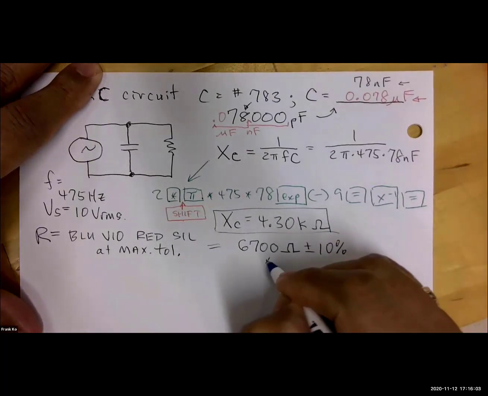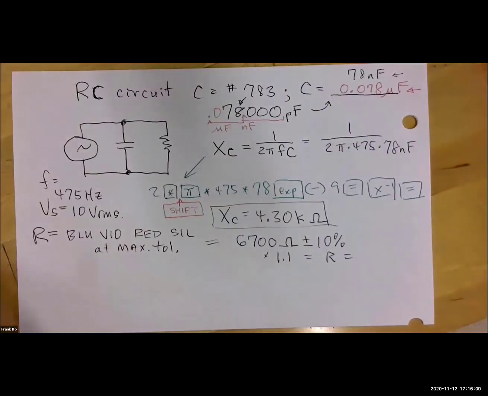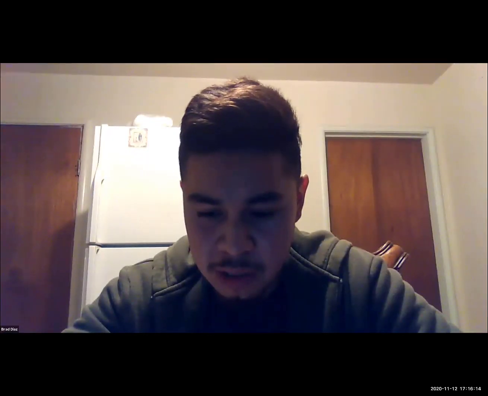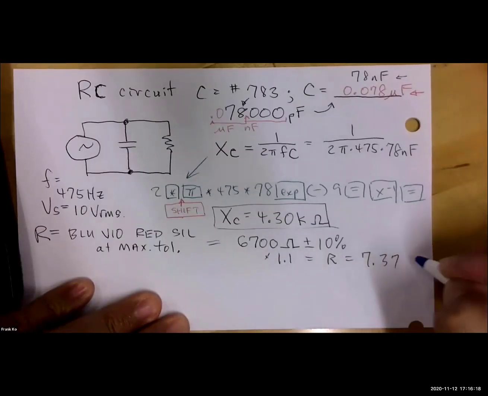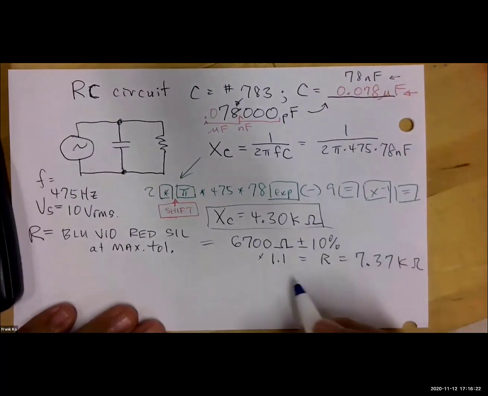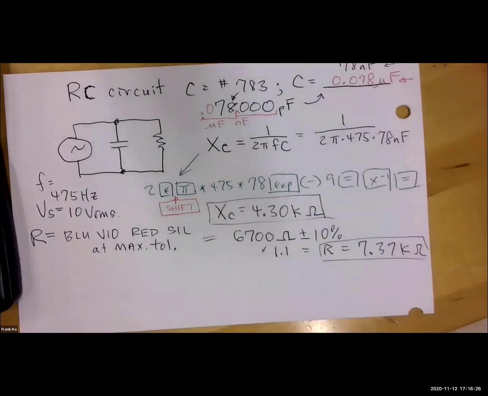So that's equal to R. And so R calculates to be what value on your calculator, Brad? 7.37 kilo ohms. 7.37 kilo ohms, yes? Okay, so now we have an R value, that's 7.37 kilo ohms.